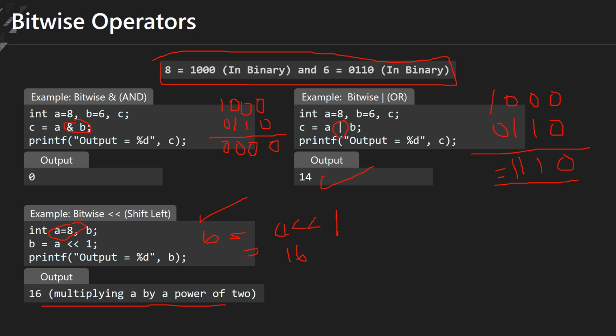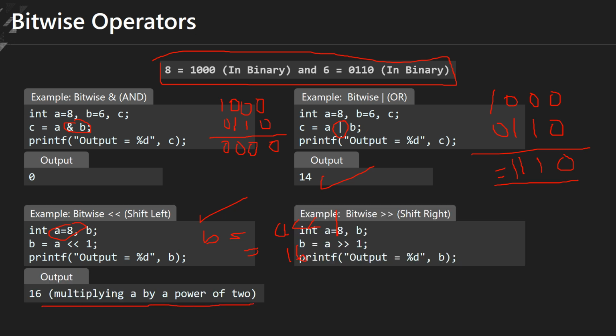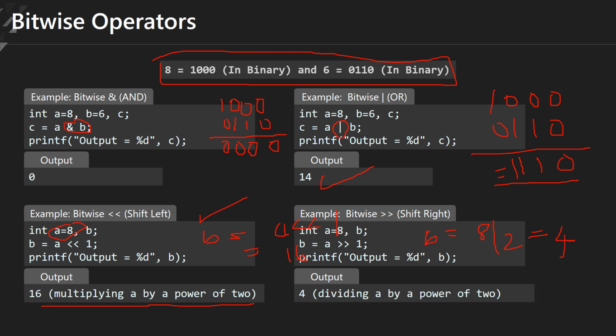Similarly, when I apply the right shift operator, you are shifting one bit to the right, which divides by 2. B = A >> 1 gives A by 2, so the value is 4. This way you can calculate all these mathematical expressions depending on the application.